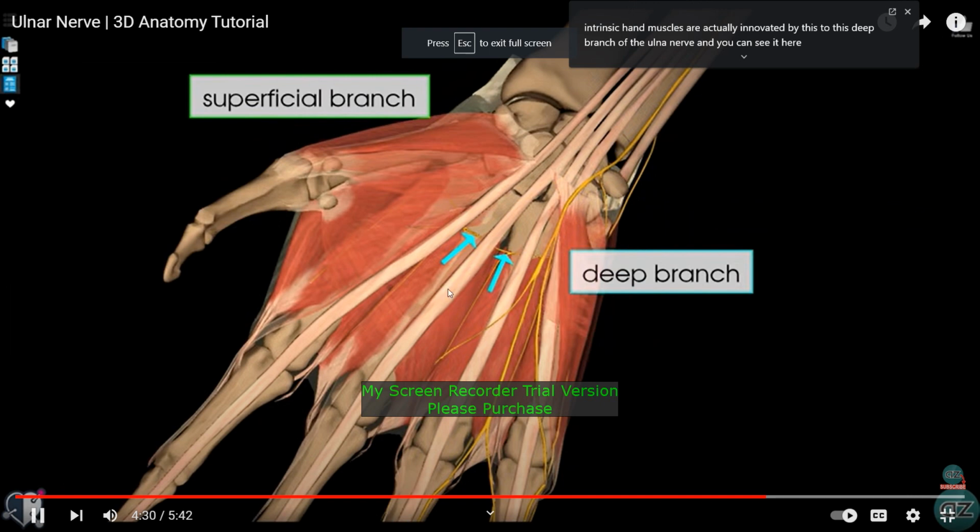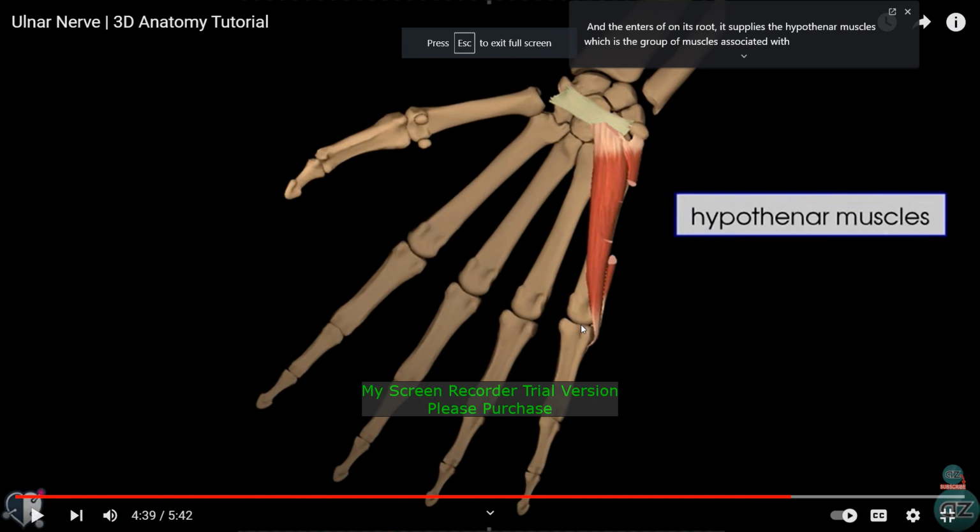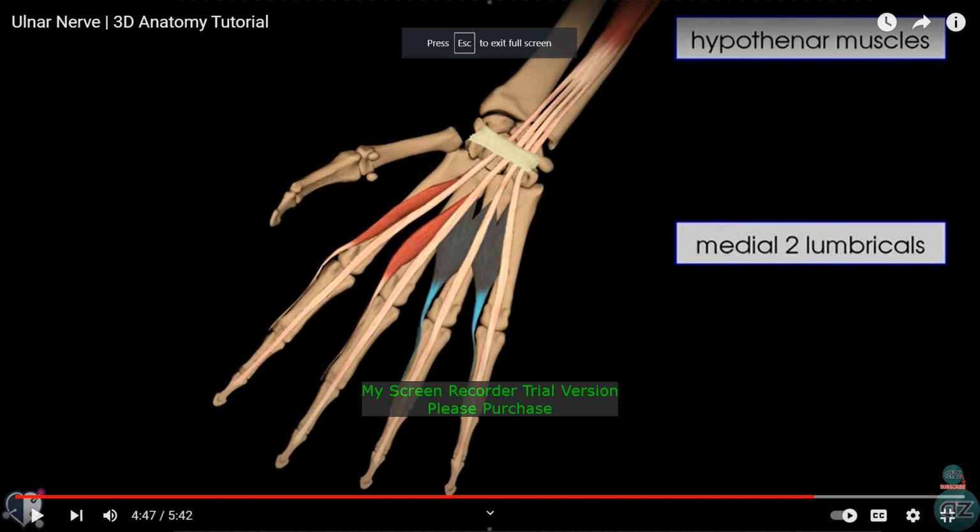The superficial branch supplies the superficial skin of the palm. The deep branch supplies several muscles, including the hypothenar muscles, that means opponens digiti minimi, flexor digiti minimi and abductor digiti minimi.